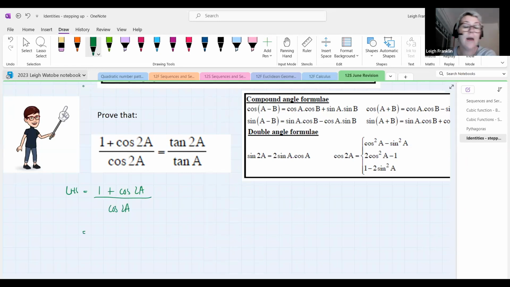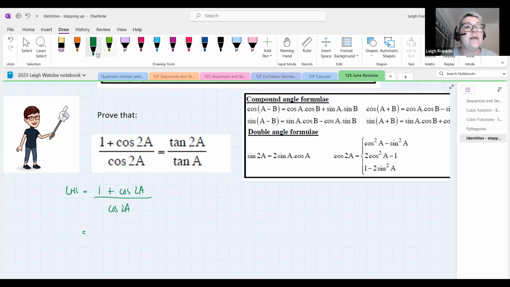All right, so based on our double angle formulae, can anybody make a suggestion as to what I could replace cos 2a with? I want to try and cancel out the 1.